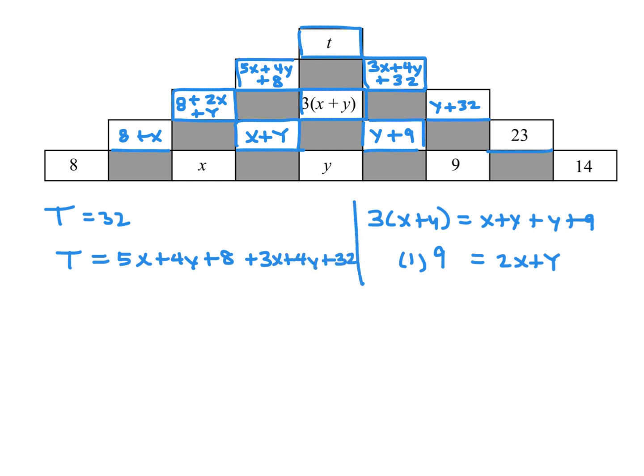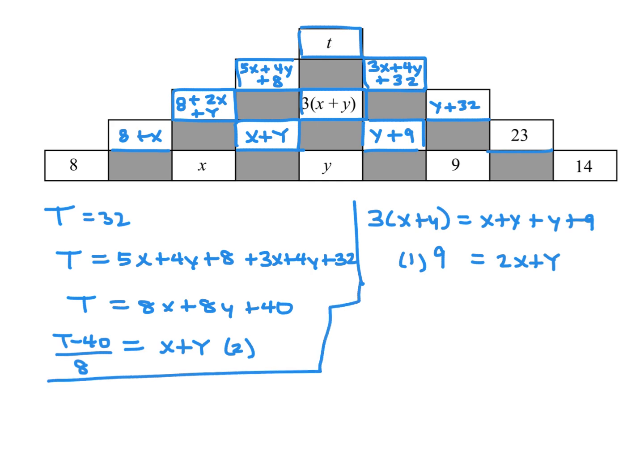Okay, so simplifying this gives me 8x plus 8y plus 40. And, what do I do now? I guess just isolate for t, put everything on one side, so it'd be t minus 40 over 8 would be x plus y. And let's call this equation 2.